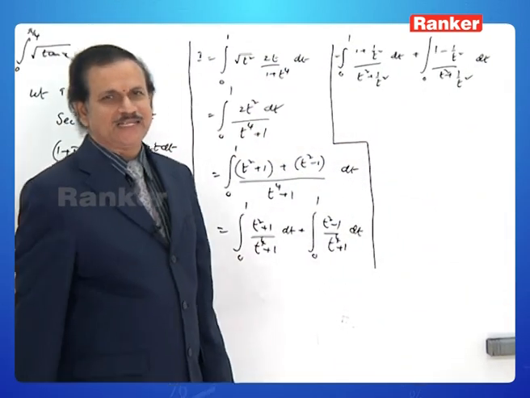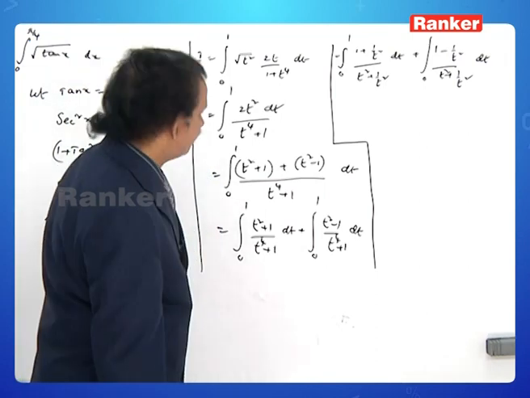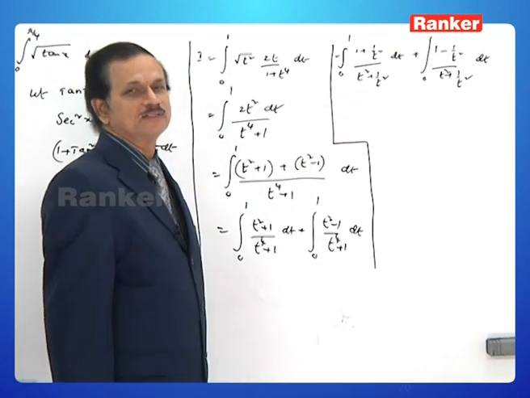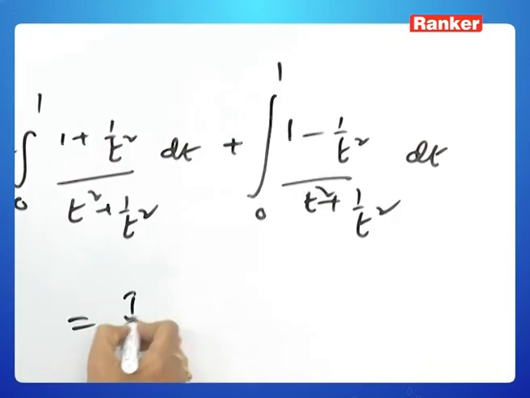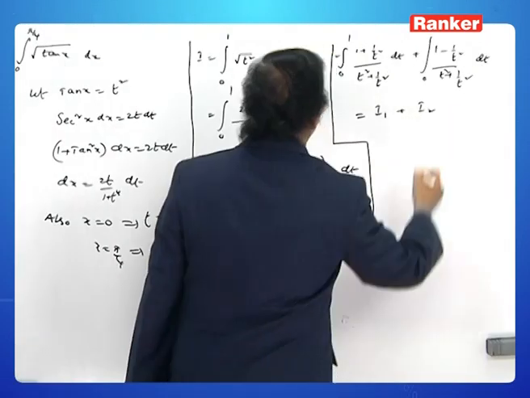The only thing that I could have done is I could have divided both numerator and denominator with t square. Well, let me call this I1 plus I2.